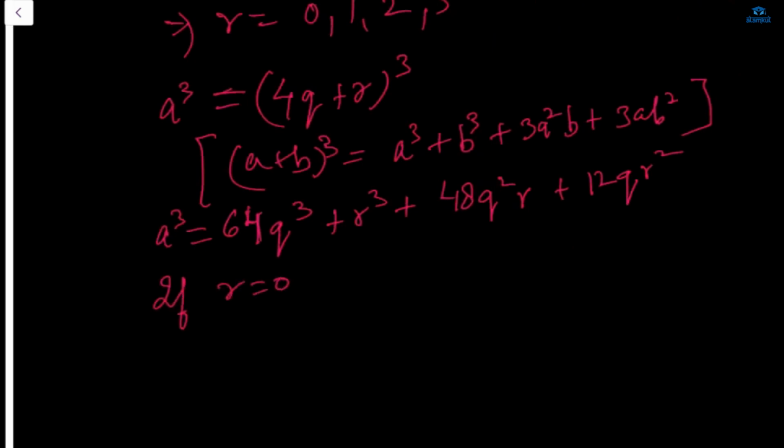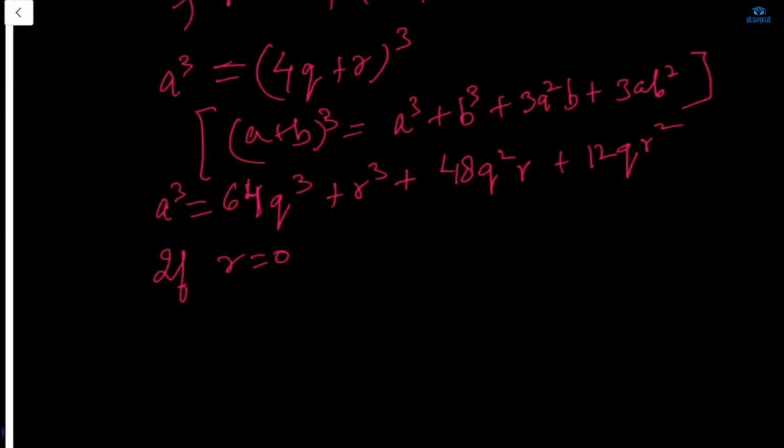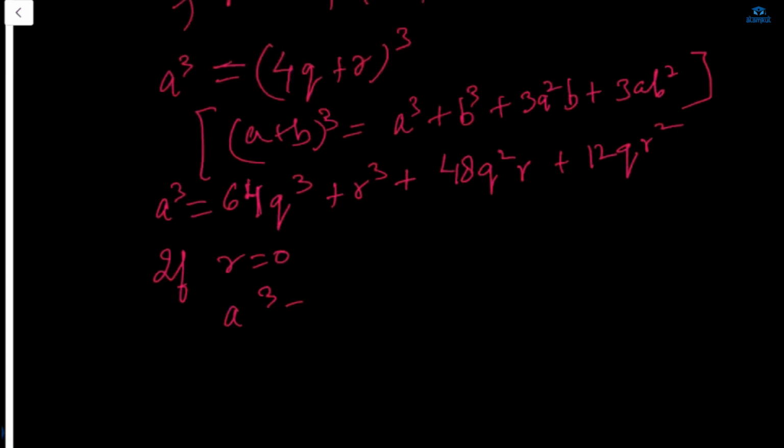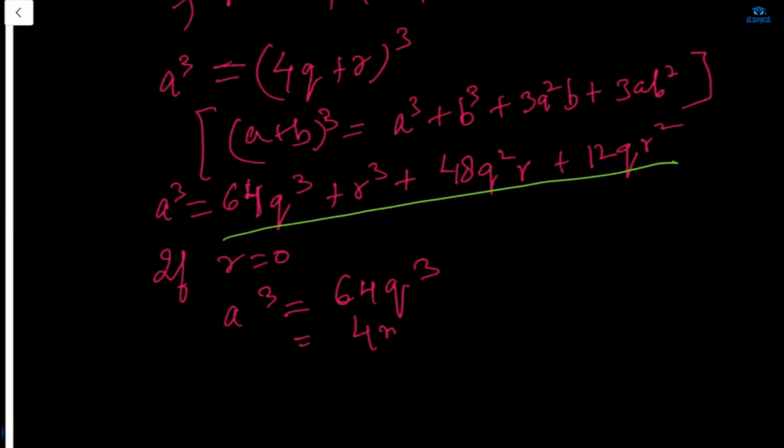So a cube will be equal to 64q cube, since all the r terms will be 0. So you can now represent it as 4m, yes or no, where m is equal to 16q cube.